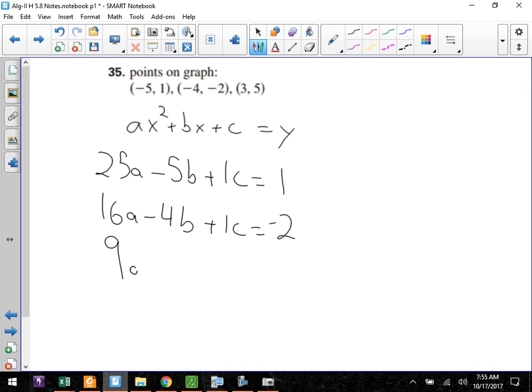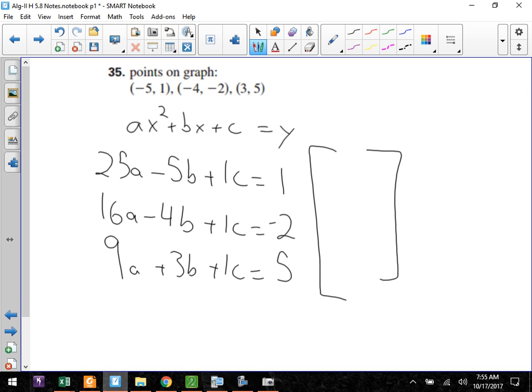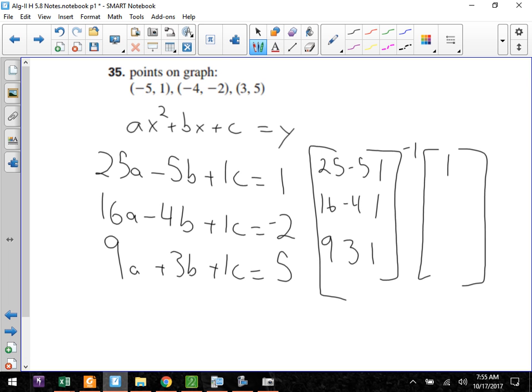Here's these 9s again. 9a plus 3b plus 1c is 5, which means my coefficient matrix is going to be 25, -5, 1, 16, -4, 1, 9, 3, 1. Inverse it to my solution matrix, 1, -2, and 5.